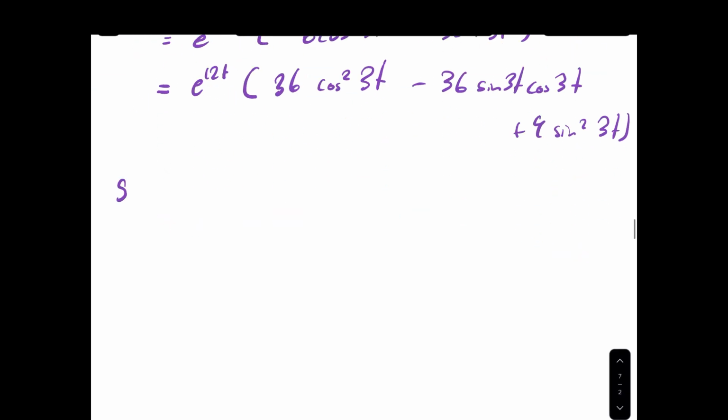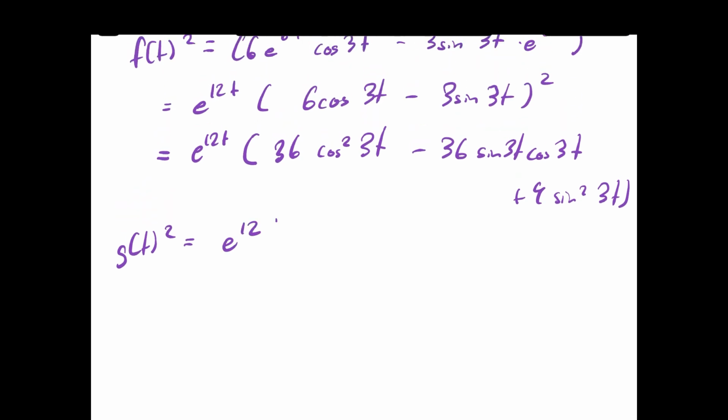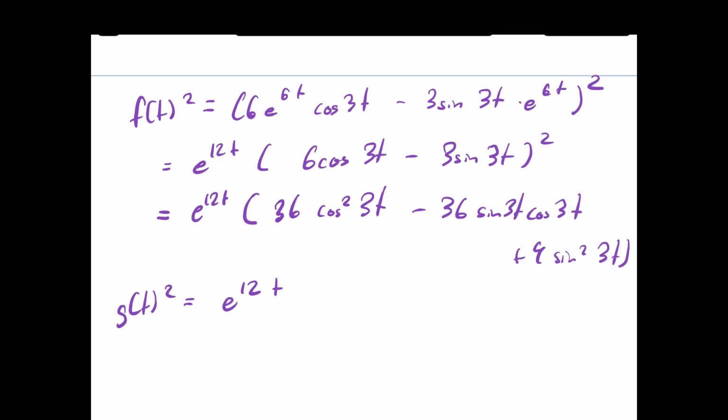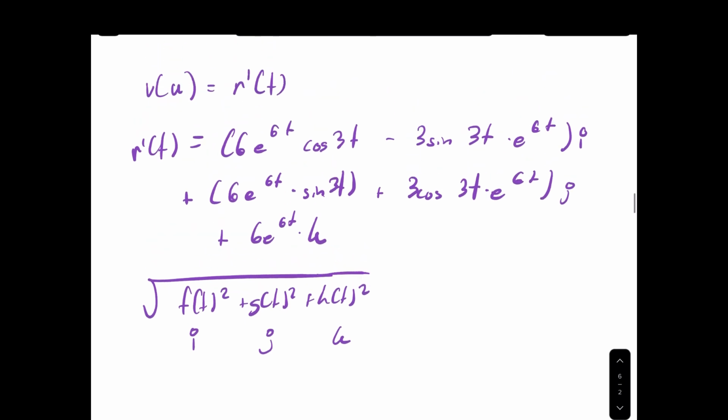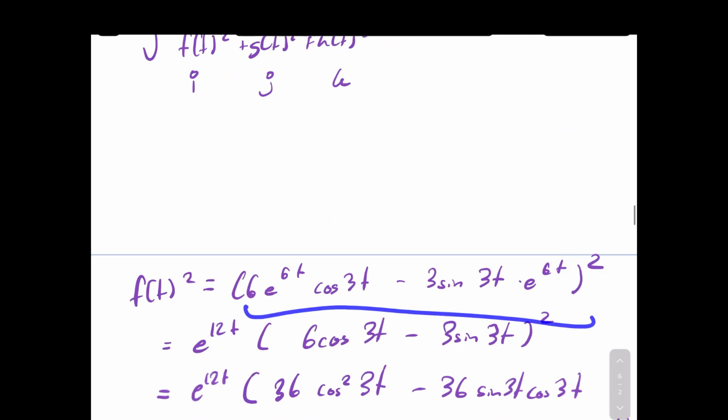If we go to g at t squared equals e to the 12t. Remember, I'm not going to write the step, but I'm copying and pasting the same component we have right here, and I'm squaring it.